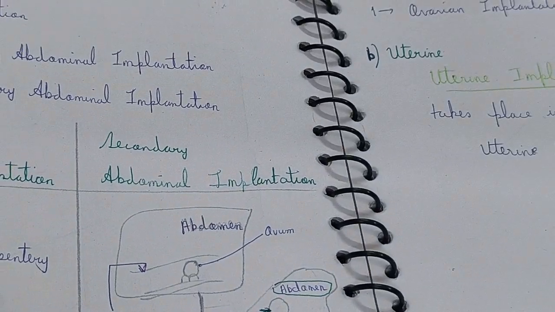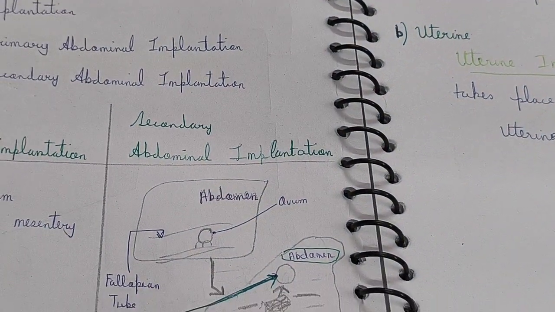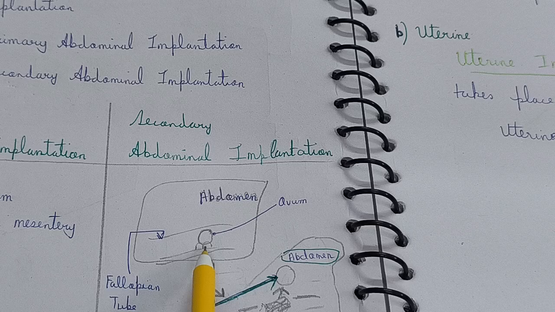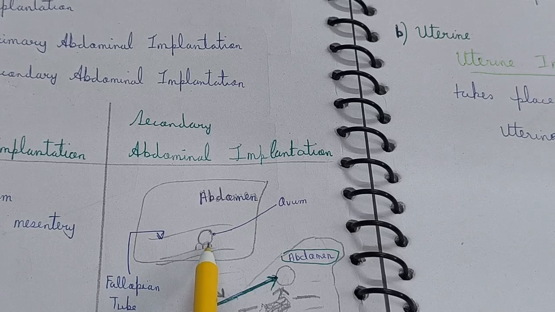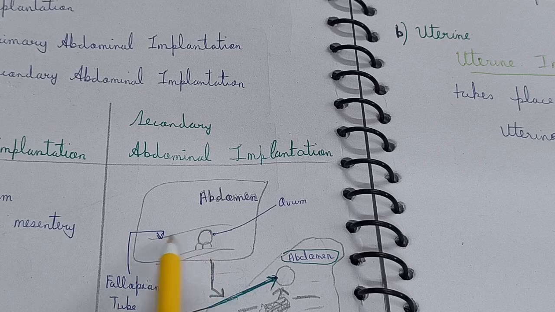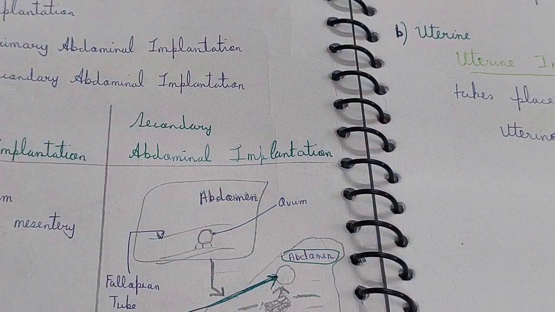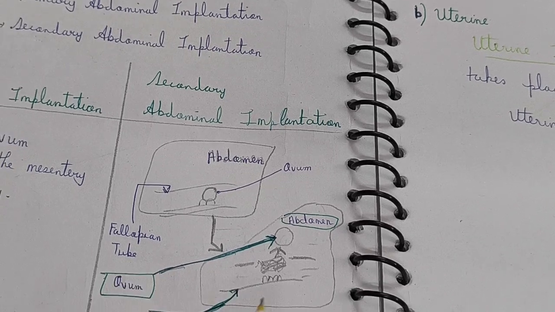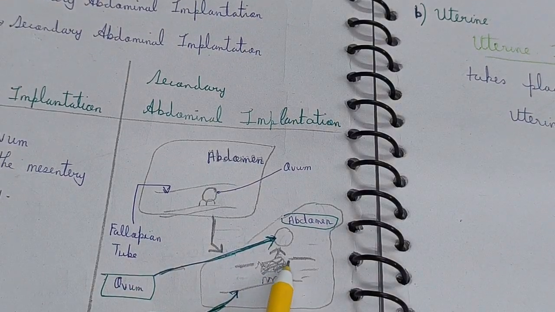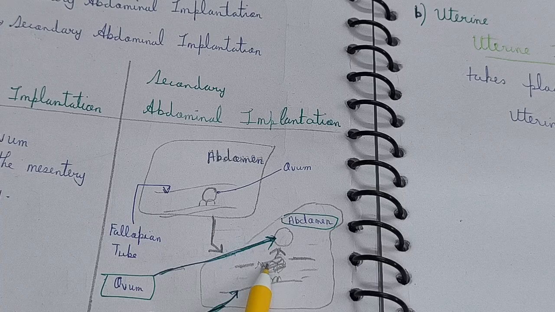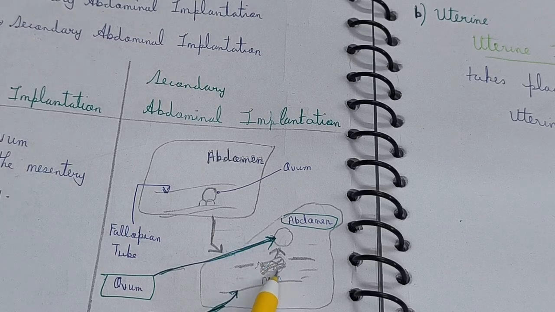Before understanding that, first see this diagram. Initially the ovum implanted into the fallopian tube. This is the abdomen, this is the fallopian tube. Till here it is tubal implantation, but due to some problem the fallopian tube undergoes rupture, and due to that rupture a gap is made in the fallopian tube.